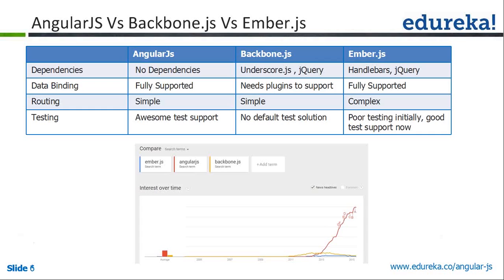Okay. And we have one more question from Vengat. If I want to use Bootstrap along with AngularJS, can I go with that? Yes, of course, you can. In AngularJS itself, they have created a module for Bootstrap. Normally we know that if we want to use Bootstrap, we need jQuery support. But AngularJS doesn't have any jQuery support.